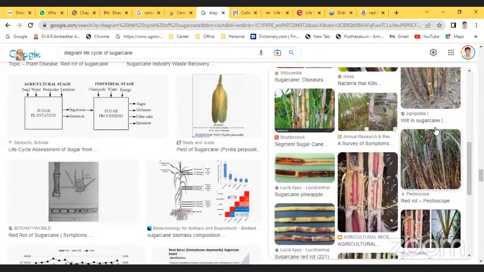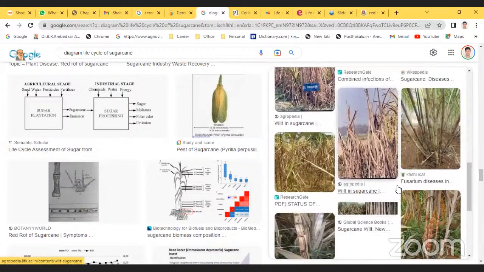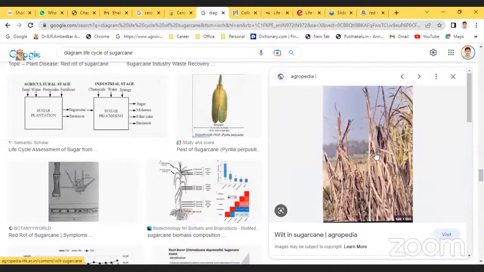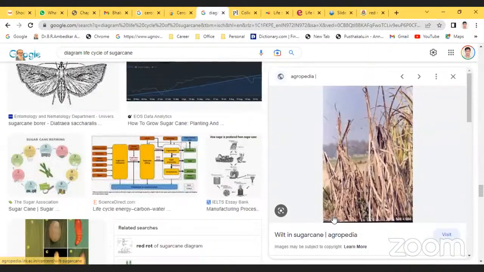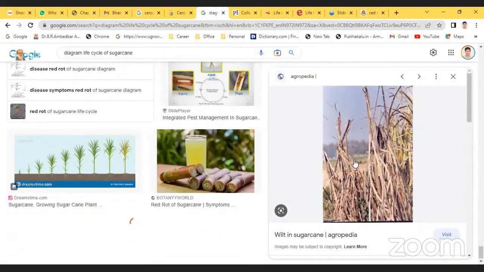Some more images. Finally, the entire plant becomes like this.